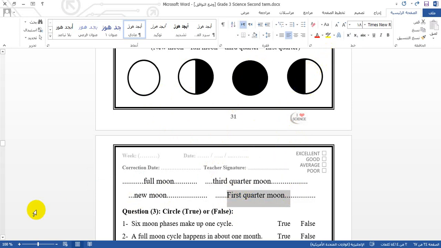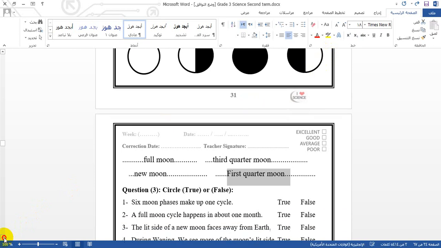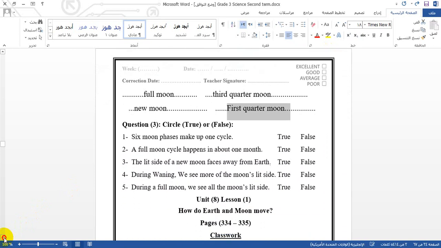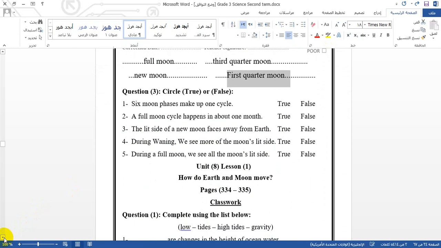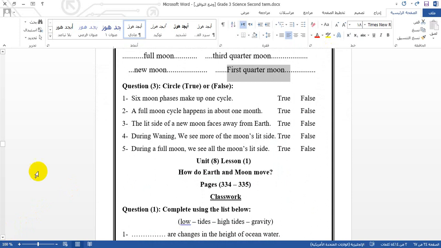Okay guys, now question number 3 on page 31. Six moon phases make up one cycle. True or false?